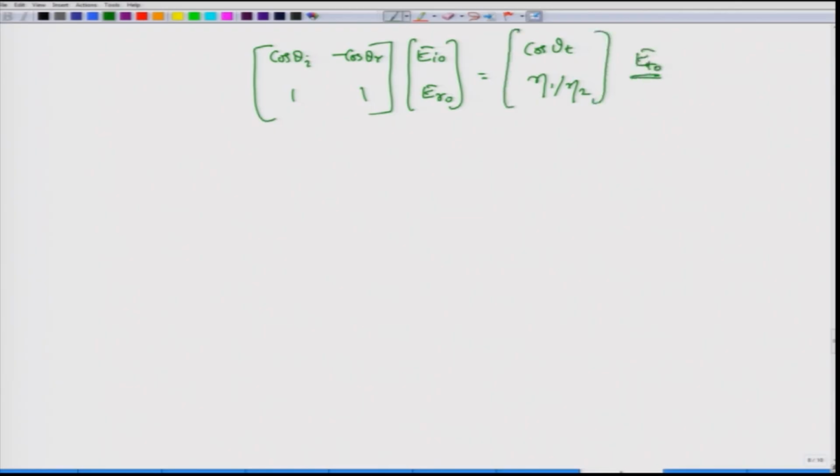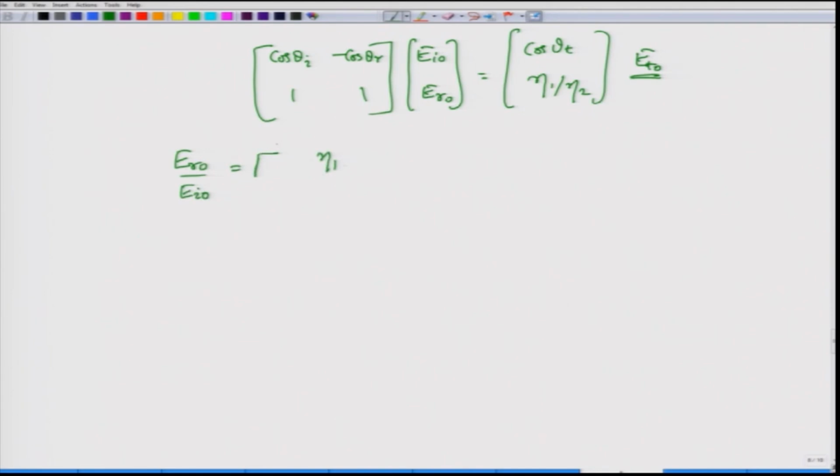Now, you can simplify these equations in whatever way you know. Either you add them, subtract them, or you can use a matrix, find the determinant and do all that simplification, to eventually end up with the ratio of the reflected field to the incident field, denoted by gamma.